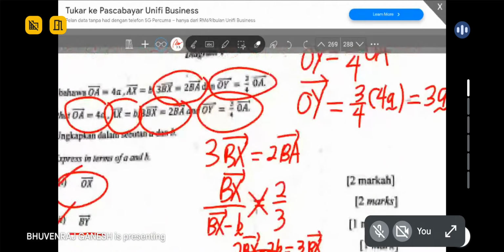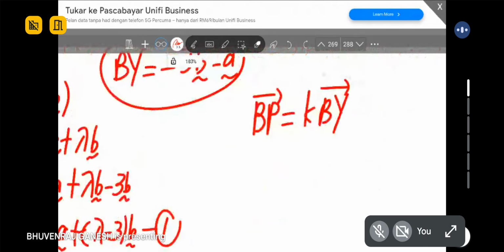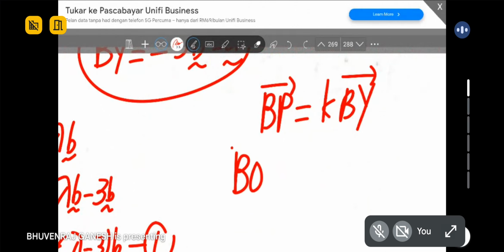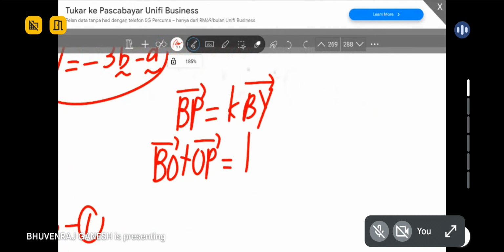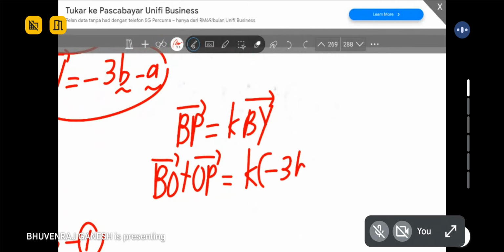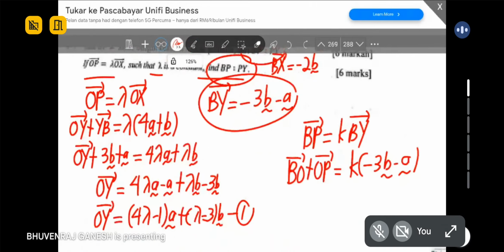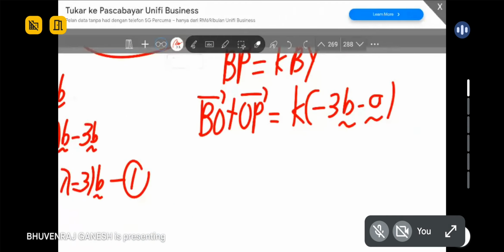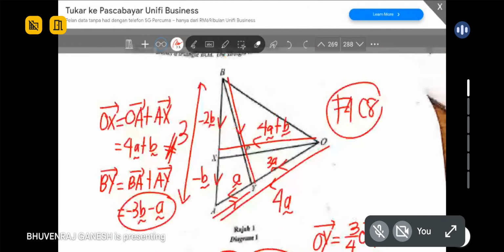Okay, so how to find BP? BP is actually BO plus OP, so equal to K BY. BY is negative 3B minus A, right? And then OP is lambda OX, right? BO, wait, do we have the answer or not?